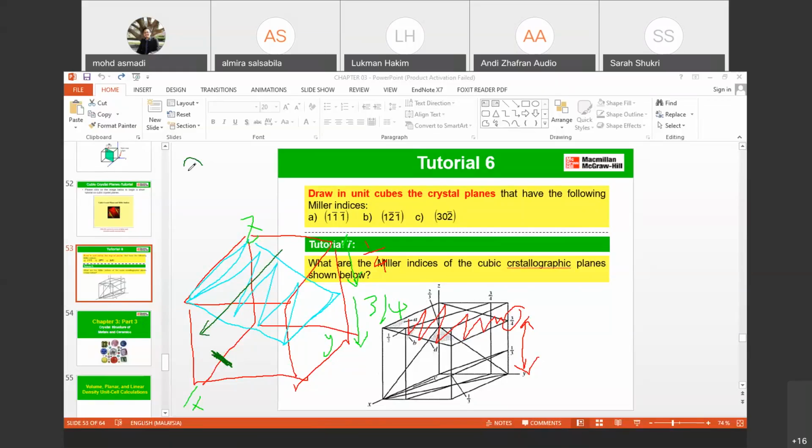So it's infinity. How about the y axis? Also infinity. And 3/4 is z.